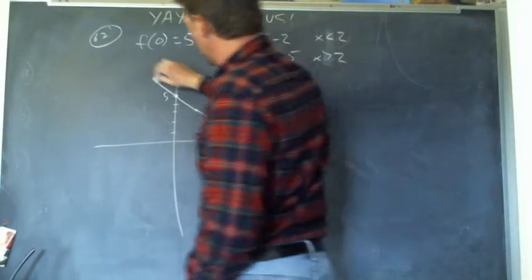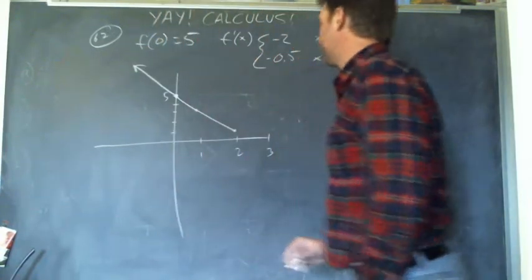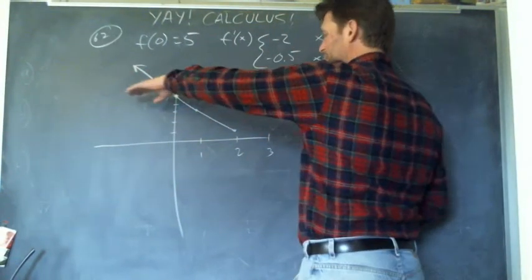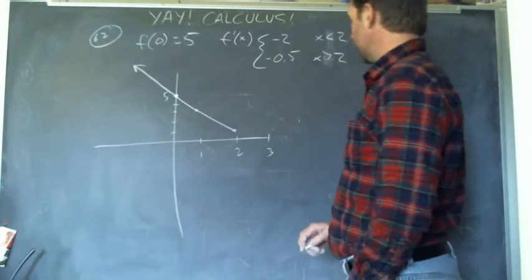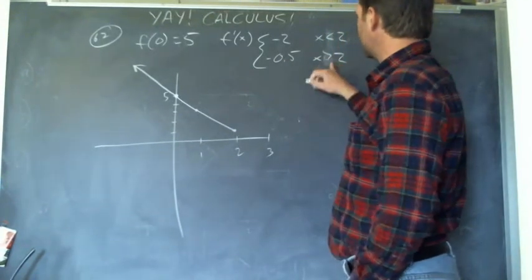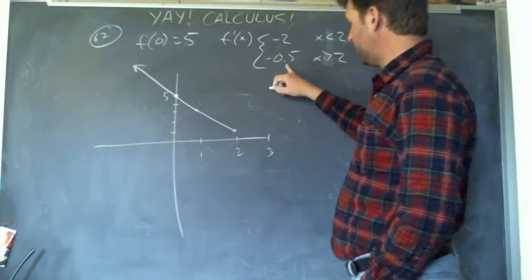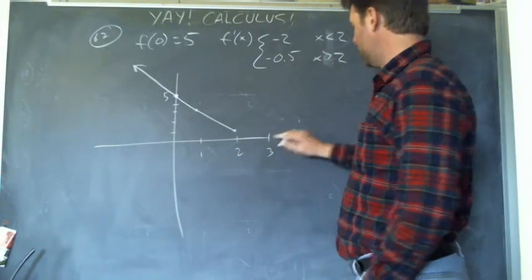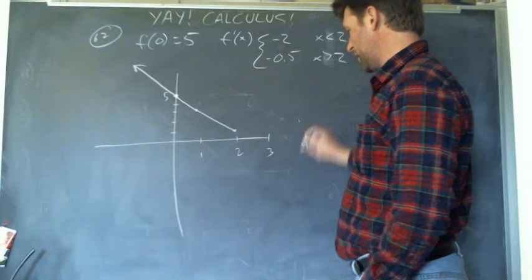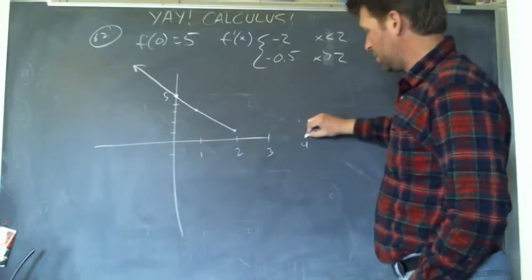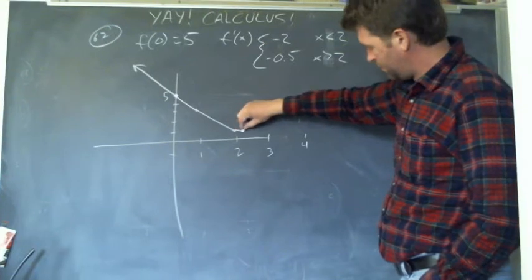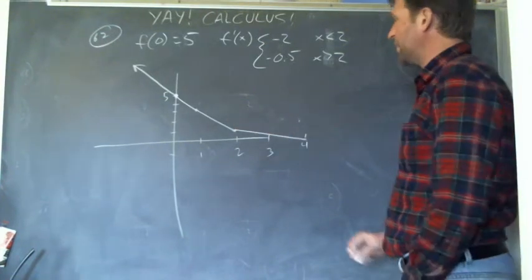So this continued indefinitely, this f. We have a slope of -2, so that's down 2 over 1, down 2 over 1. And then for x greater than 2, our slope is -0.5. So that means that for every 2 we go over, we'll go down 1. So that would be 4 that we'd hit, like that.